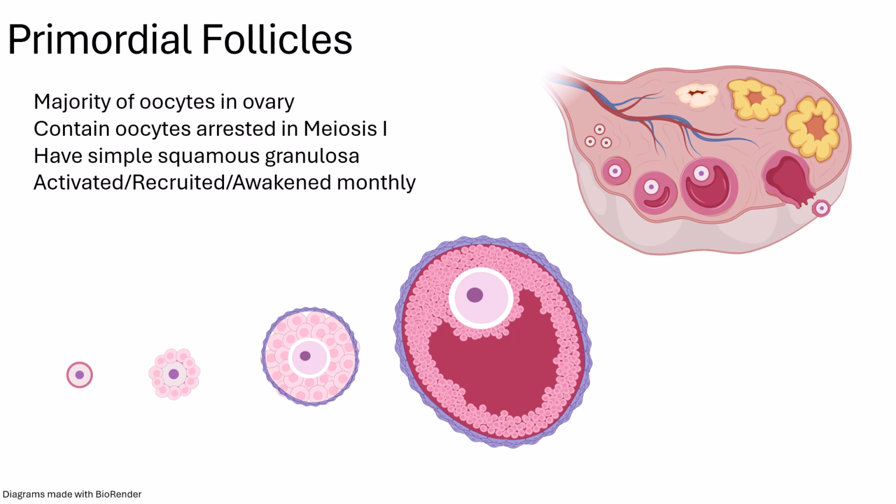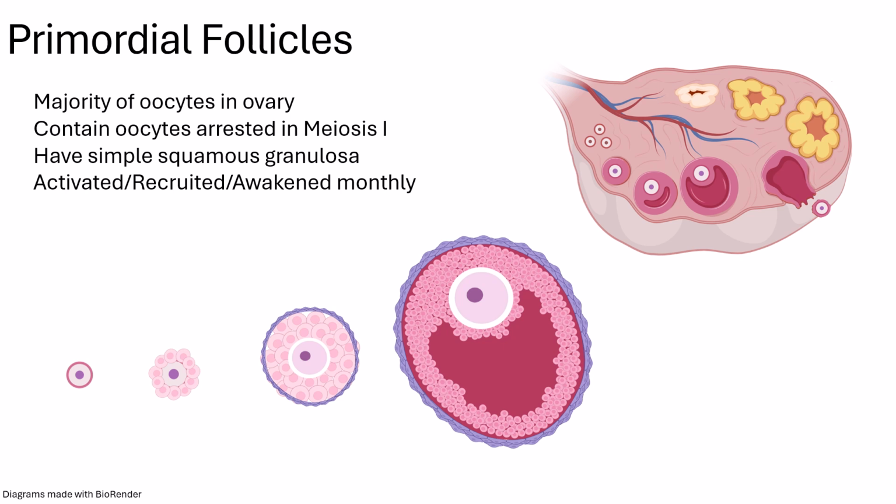These follicles are located in the outer cortex of the ovary, and they're not hormonally active, meaning that they're not producing hormones. Each month, in response to very subtle signals, a small group of these primordial follicles are activated, or recruited, or awakened to enter a growth phase. This recruitment is independent of gonadotropins, and it's driven by local paracrine growth factors.